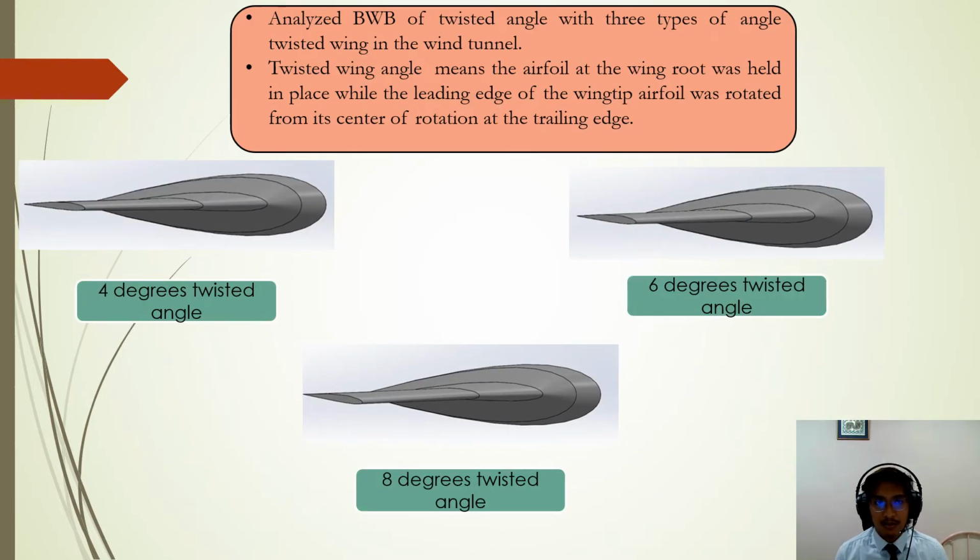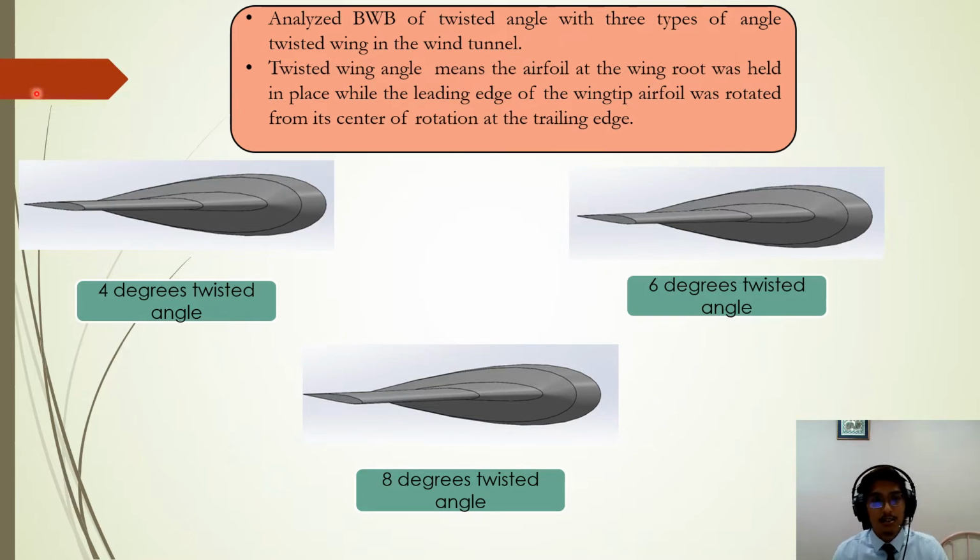So the main research for this project is to analyze the BWB with three types of twisted wing angle in the wind tunnel. A twisted wing angle means the airfoil at the wing root was held in place while the leading edge of the wingtip airfoil was rotated about a center of rotation at the trailing edge.